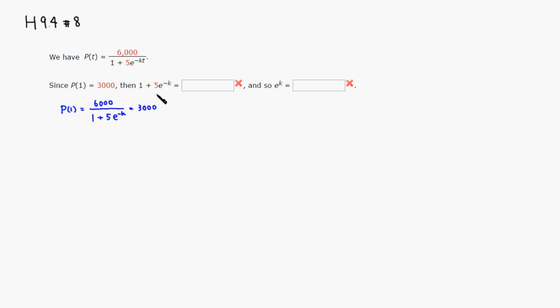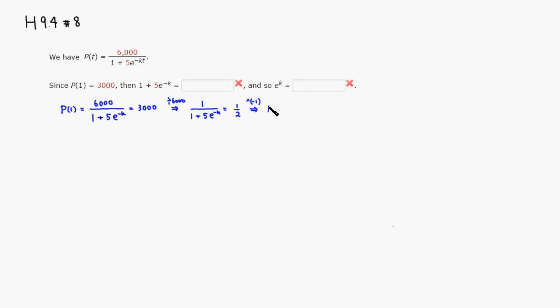First thing I would do is divide through by 6,000, which makes the 6,000 into 1. Then you have 1 plus 5 e to the negative k equal to 3,000 divided by 6,000, which is 1/2. Then we can take the reciprocal of both sides.